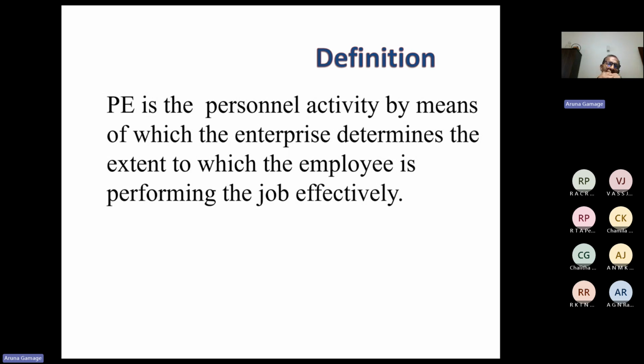Performance management is about identifying performance, then measuring performance, which means evaluating performance, then developing performance and influencing performance for a particular period of time.